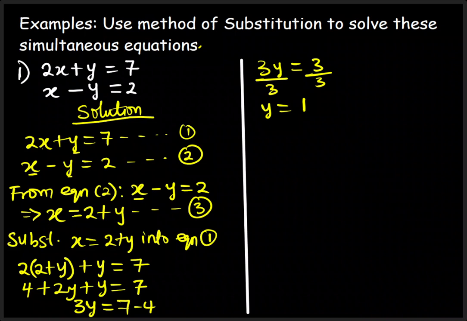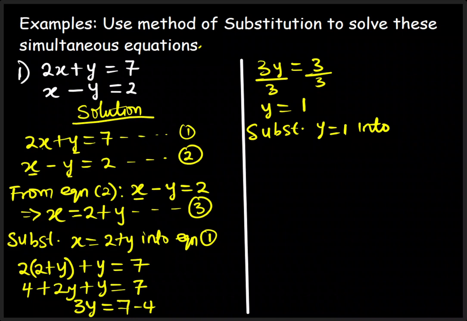So what do we do? We substitute y equal to 1 into equation 1, equation 2, or equation 3, and it's going to help you find the value of x. But I think it's easier since equation 3 is already carrying x equal to, that means this one will lead us directly to x.